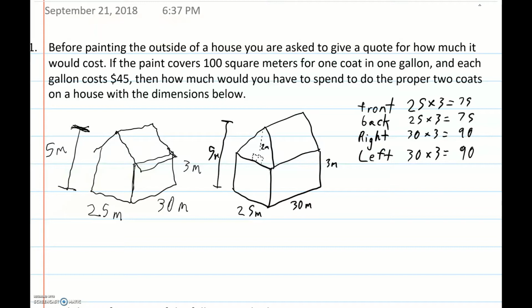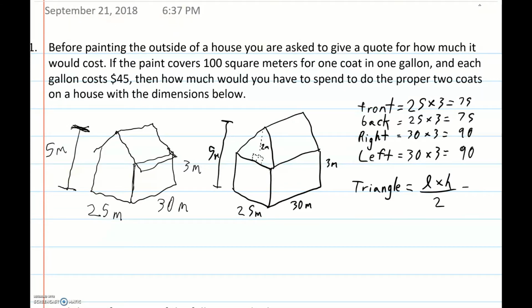And now we have to do our 2 triangle sides, which are both going to be the same. So let's just do one side at a time, remembering how to do the area of a triangle. The area of a triangle is the formula length times height divided by 2.